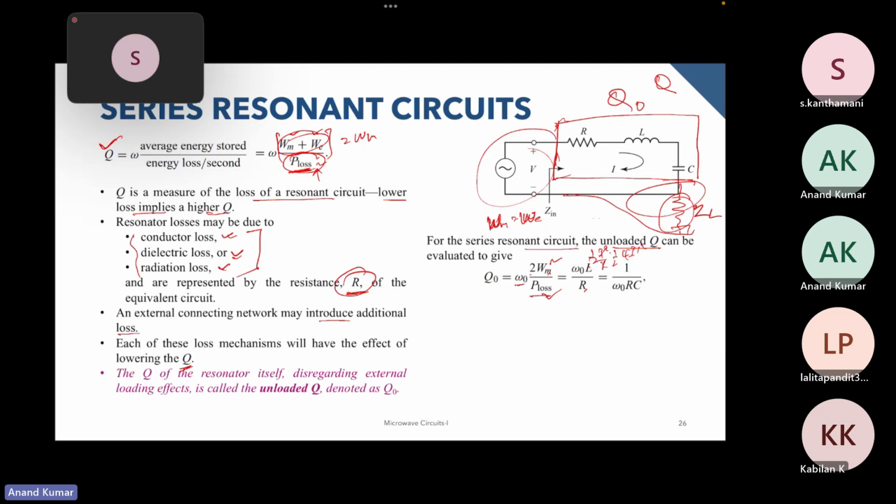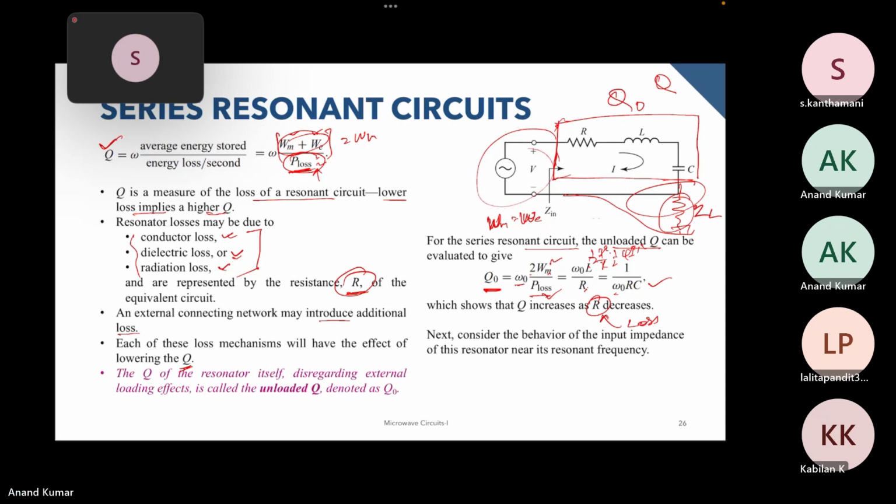Just cancelling these terms, you get omega naught L by R, which is also equal to 1 by omega naught RC. So this is the unloaded Q expression. This shows that Q will increase as R decreases, and R represents loss.